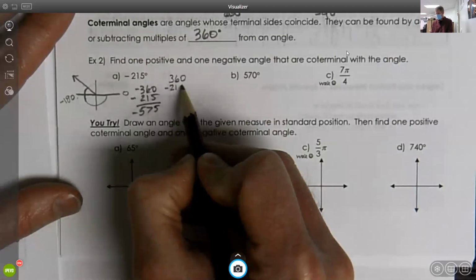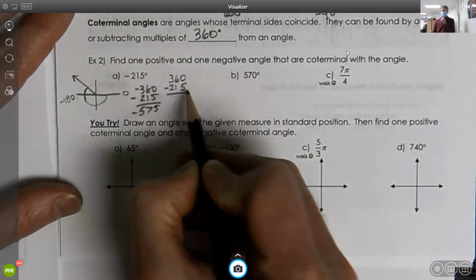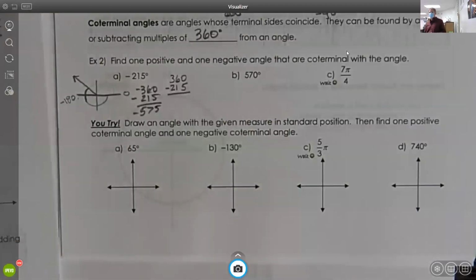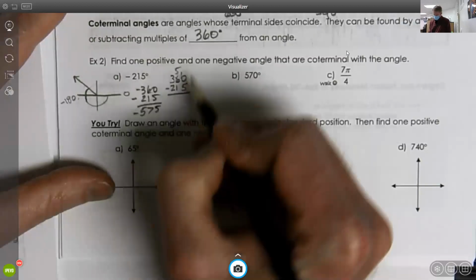So it gets a little confusing having your value on bottom. I wouldn't say that you're subtracting 215 from 360, but you're adding 360 to the negative 215.